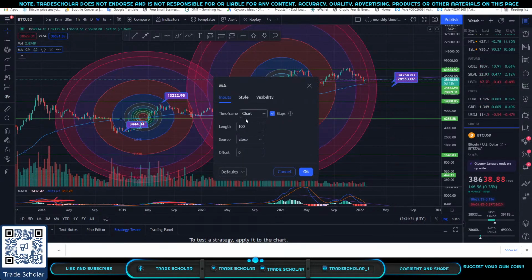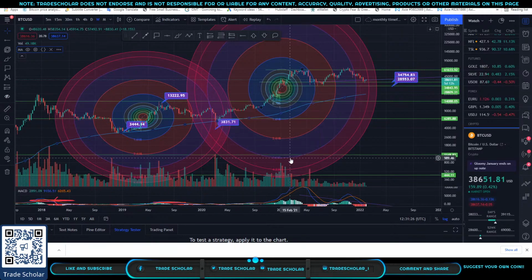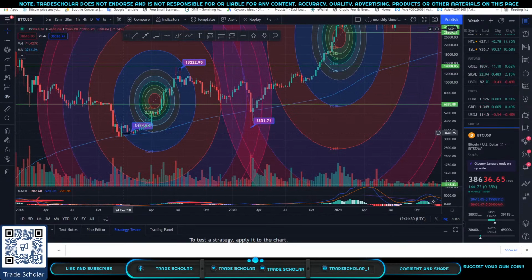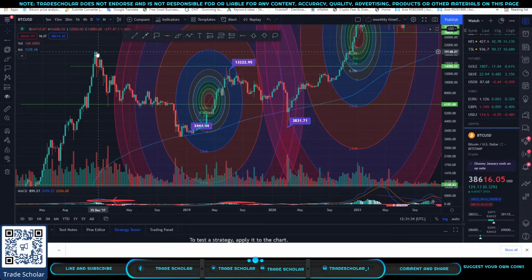Let's try the 200 moving average. Look at this area right here. We are supported here after being supported with our bull run, and then we bounce in our 200 moving average and we went up. This is 2019.